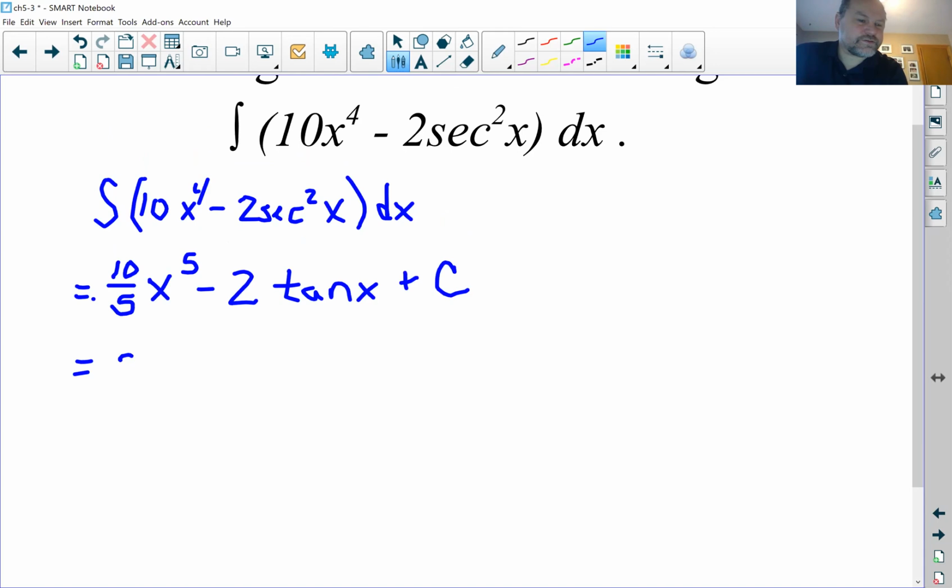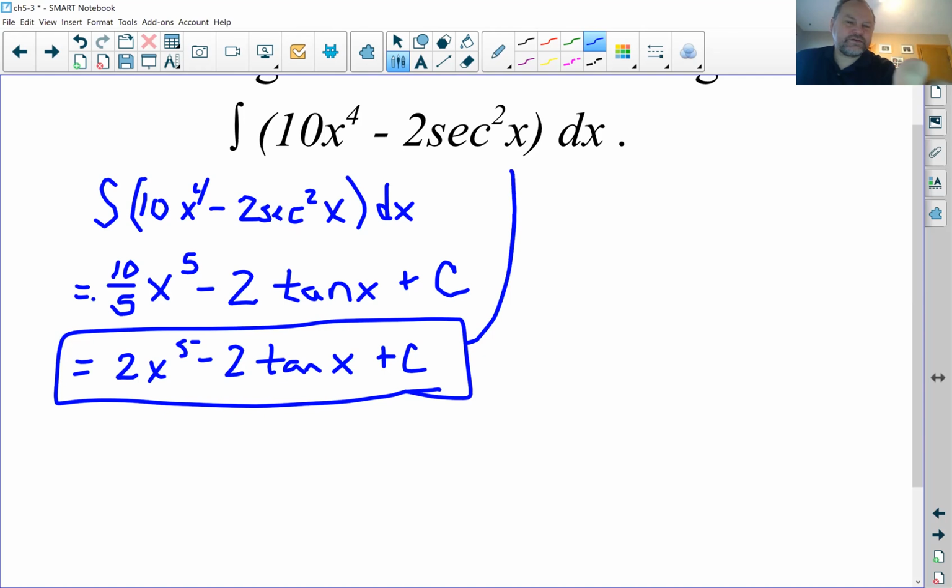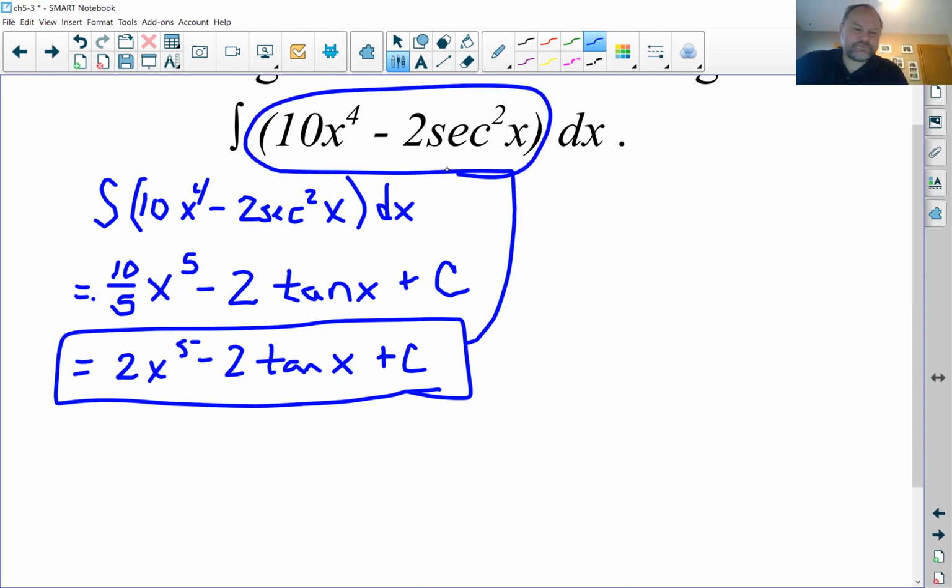So this is 2x to the fifth minus 2 tangent x plus a constant. What that means is if I took the derivative of this function, I would get this function.